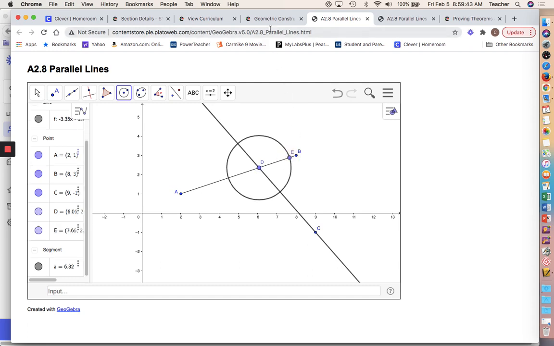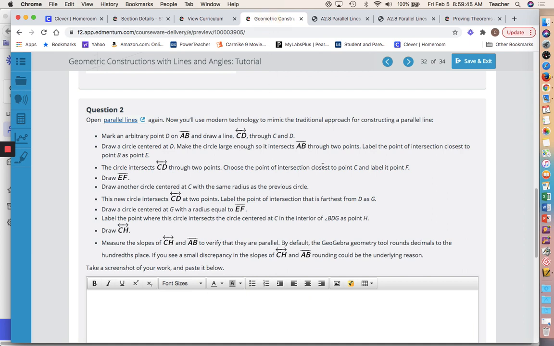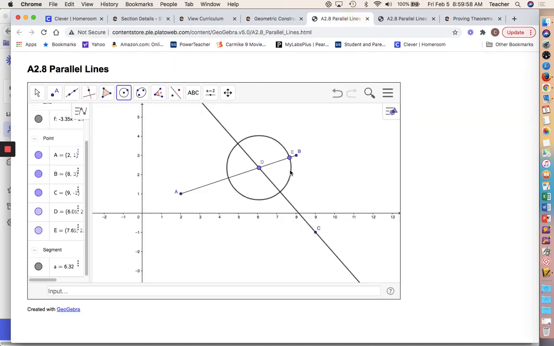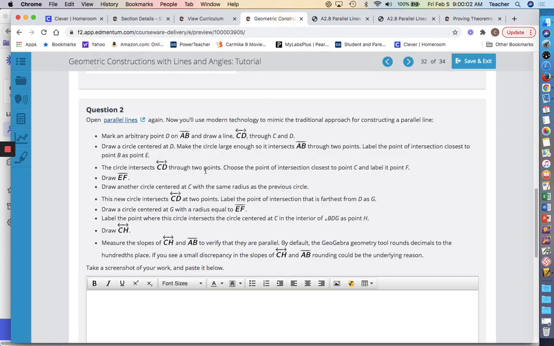So there's E, and let me see, where was I? Label the point of intersection closest to B as E. Okay, I did that. So closest to B is E. I should make sure I did that right. All right, second bullet point's done.